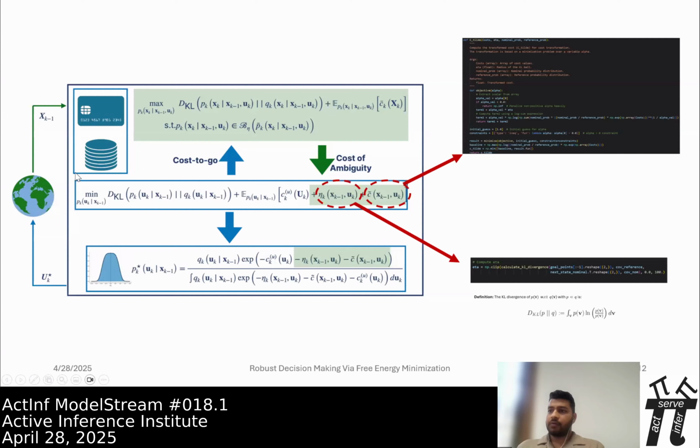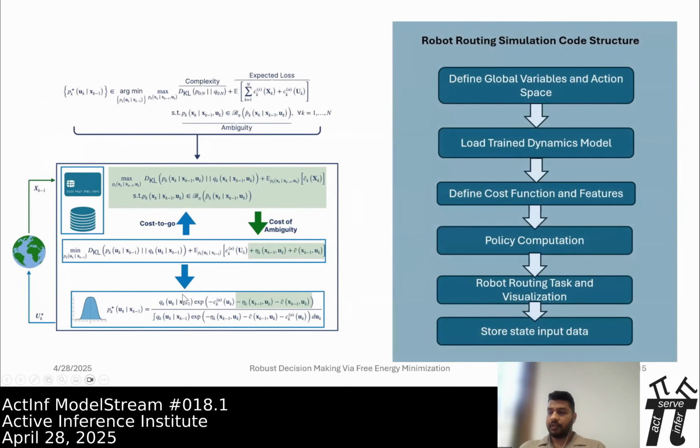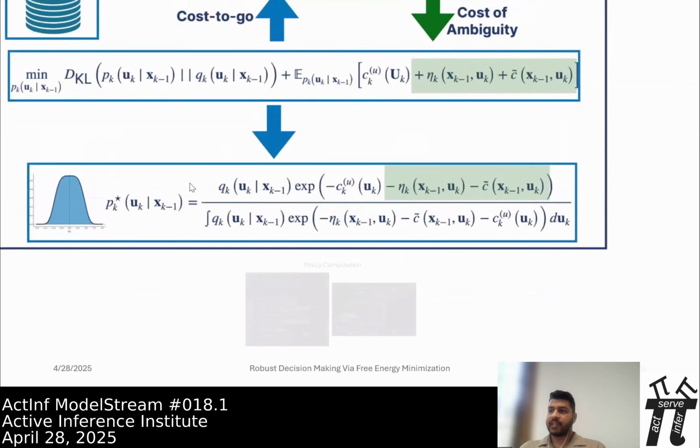So now, given eta and c tilde, we can compute our policy, where eta and c tilde make up the exponent of our policy.